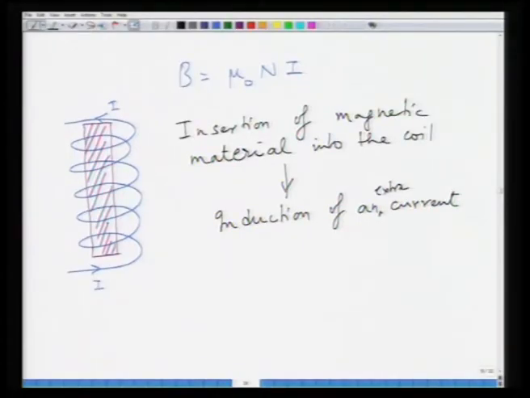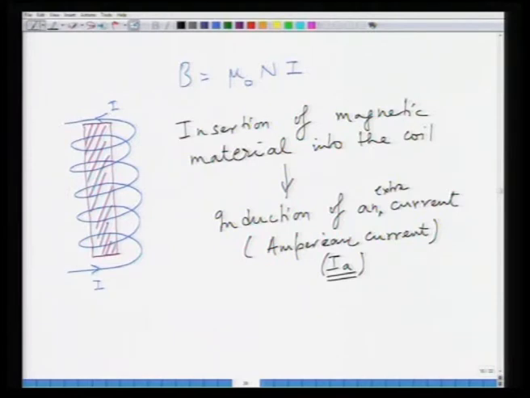So, you have an extra current because of that, induction of an extra current which is called Amperian current. This is defined by, let us say, I A, a quantity, and this modifies this equation.